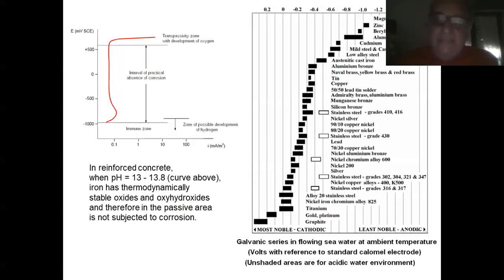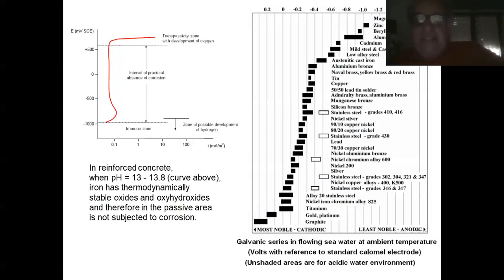To complete my lecture for today, I present you with the galvanic series in the particular case of flowing seawater at ambient temperature at sea. And you can see a few things which are important. So let's look at the zero.